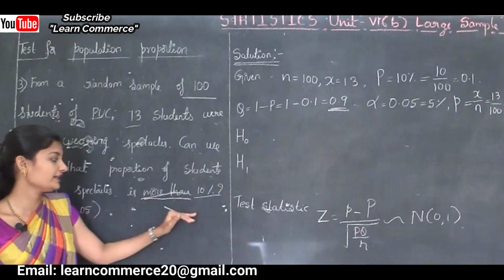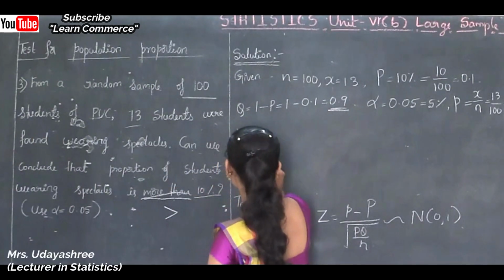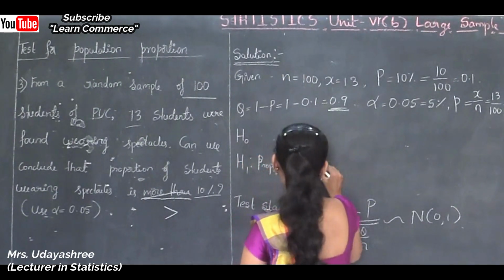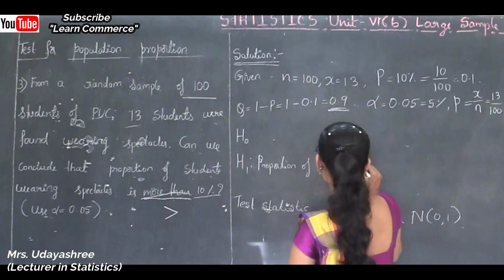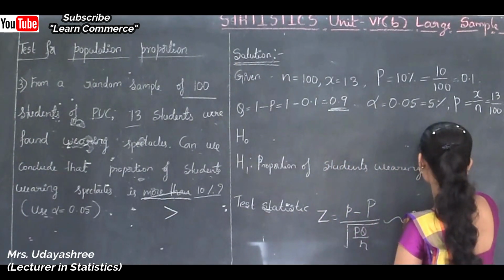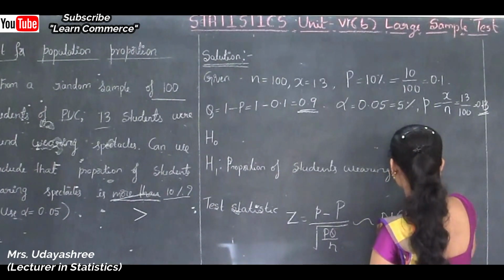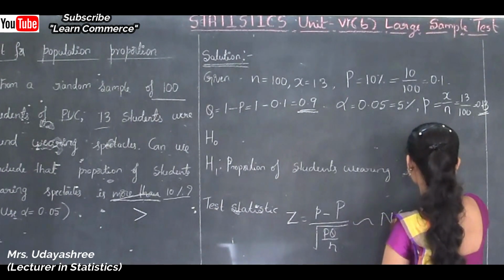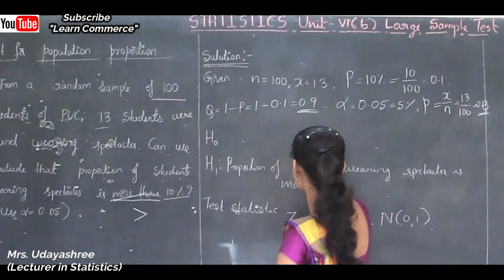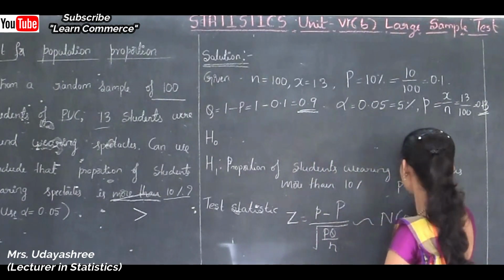So the alternative hypothesis is: the proportion of students wearing spectacles is more than 10%, that is P greater than 10%.